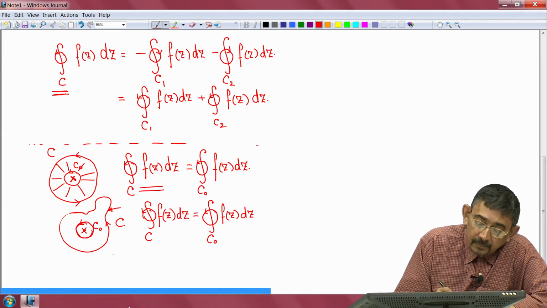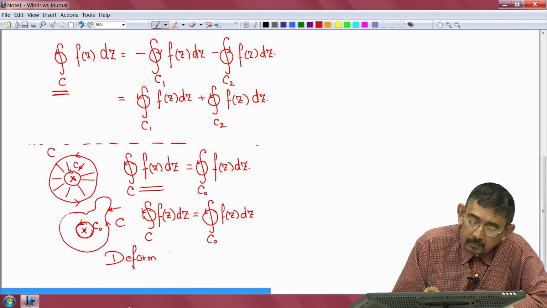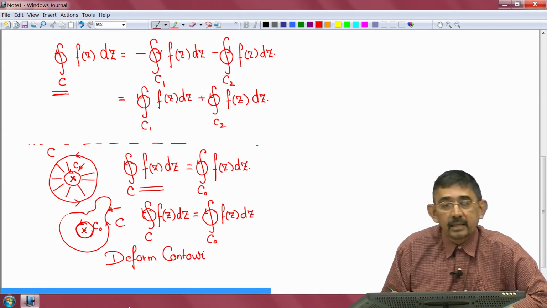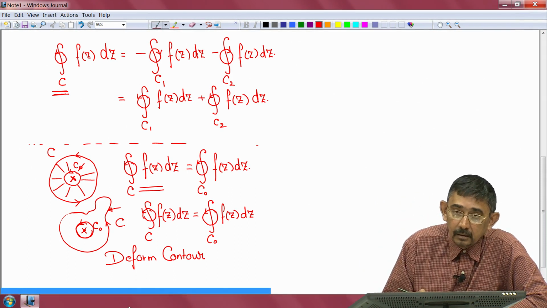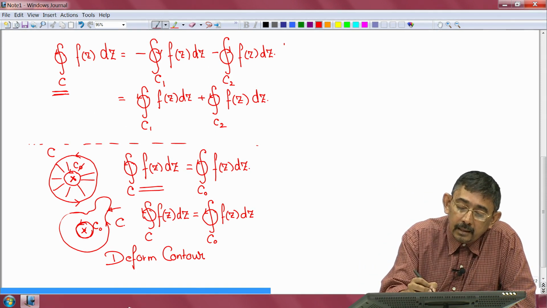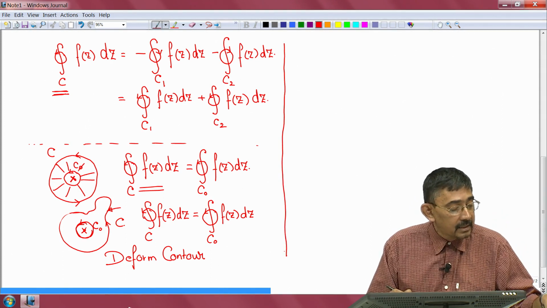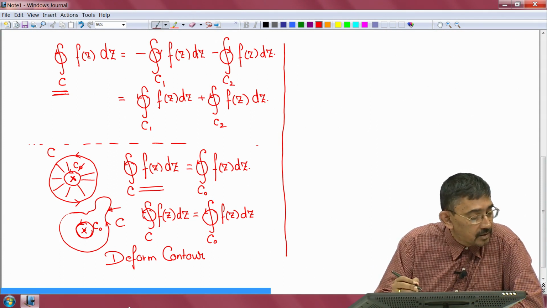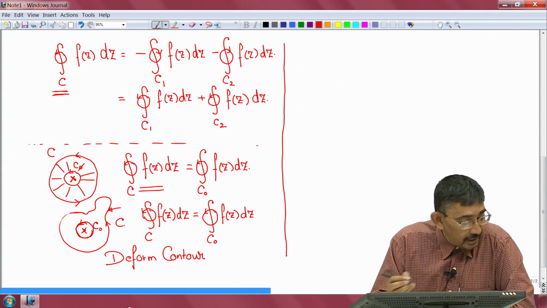So, we can deform the contour as long as we do not touch or cross a singularity. Okay. Now, this can be formalized, and the formal statement is there in the book by Churchill. Okay. Now, let us proceed to the next theorem.